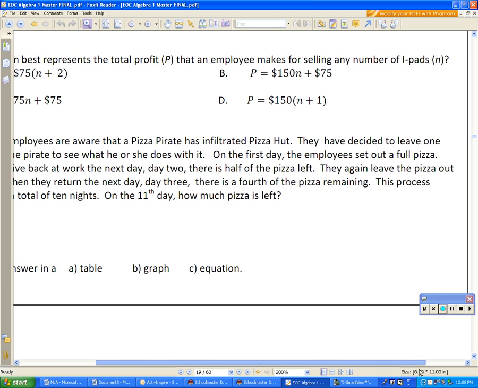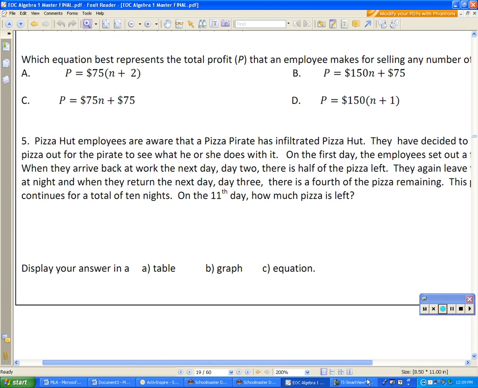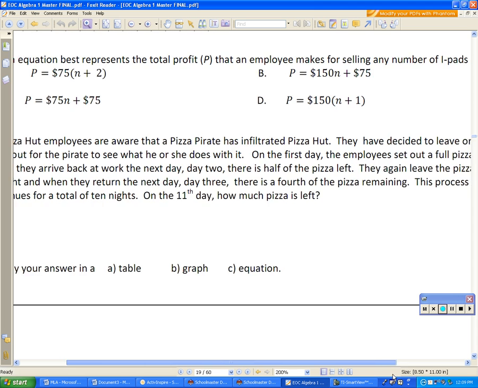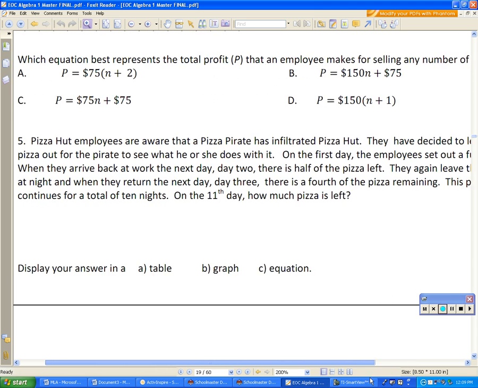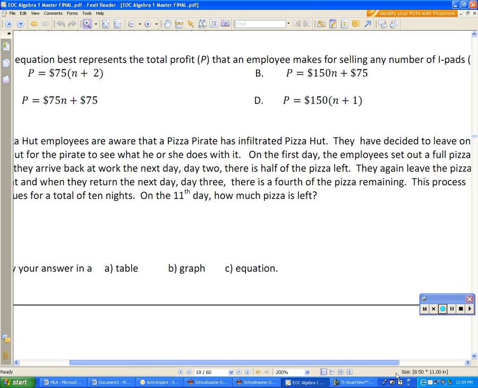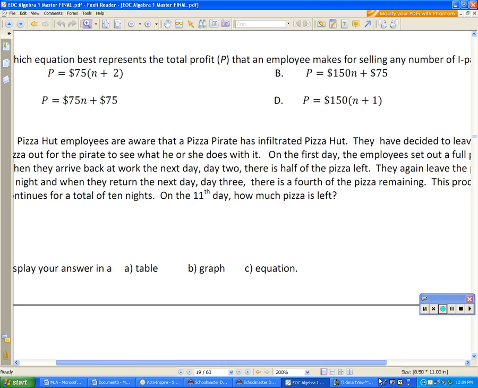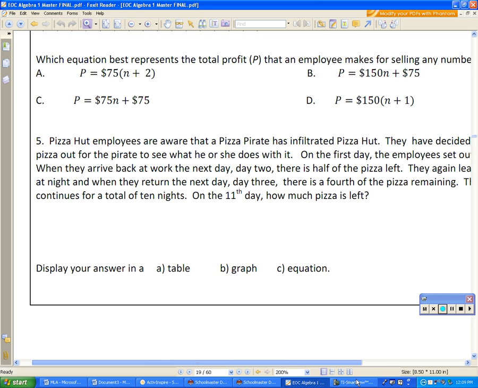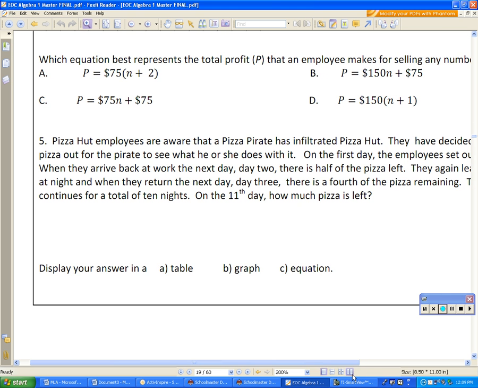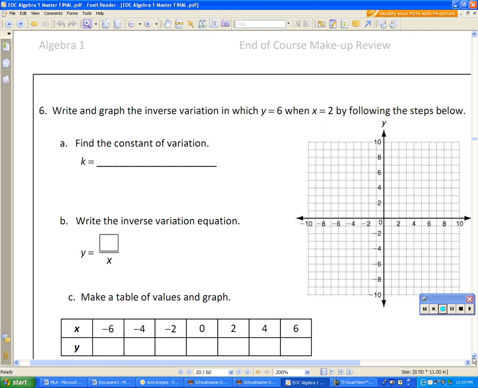On the first day, the employees set out a full pizza. When they arrive back at work the next day, day 2, there's half the pizza left. They again leave the pizza out at night, and when they return the next day, day 3, there's a fourth of the pizza remaining. This process continues for a total of 10 nights. On the 11th day, how much pizza is left?